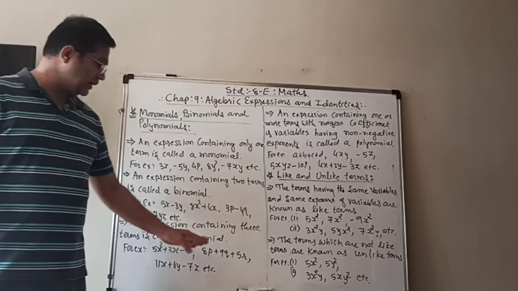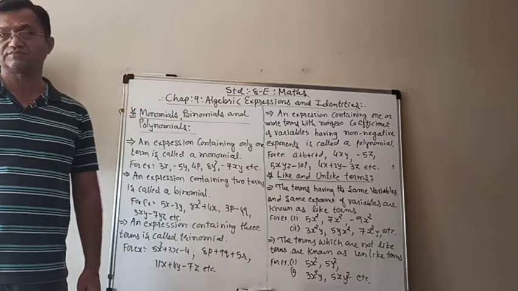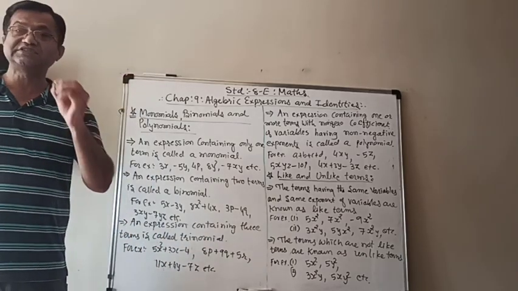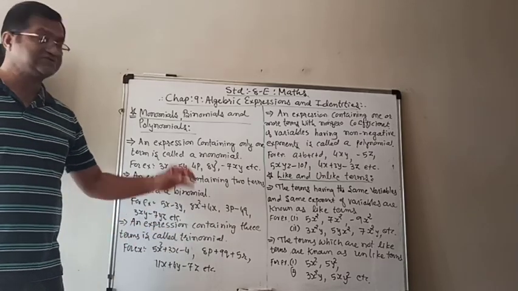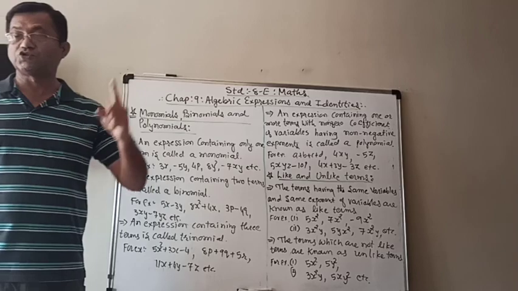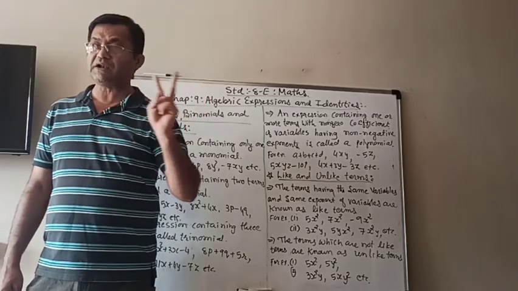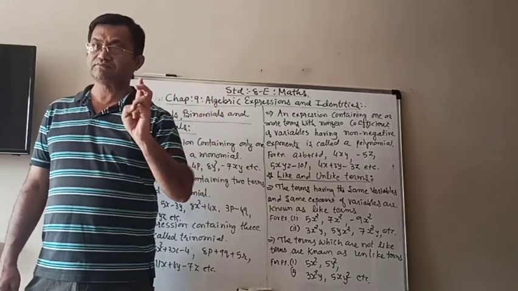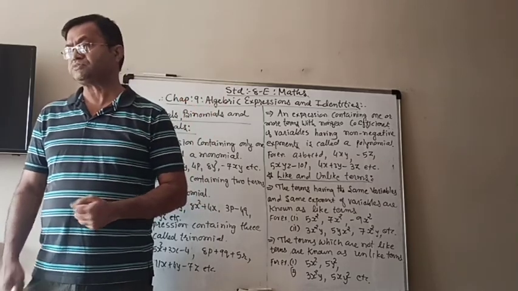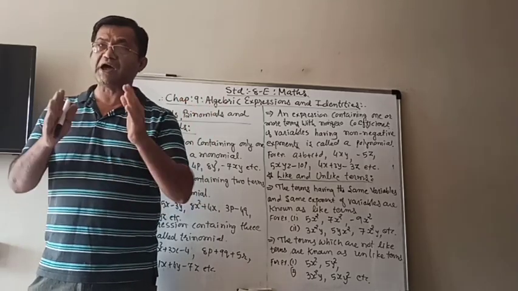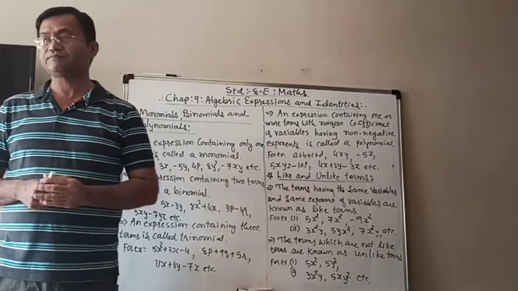All these three expressions have 3 terms, so they are known as trinomials. So one term monomial, two terms binomial, 3 terms trinomial. In general, they are known as polynomials.